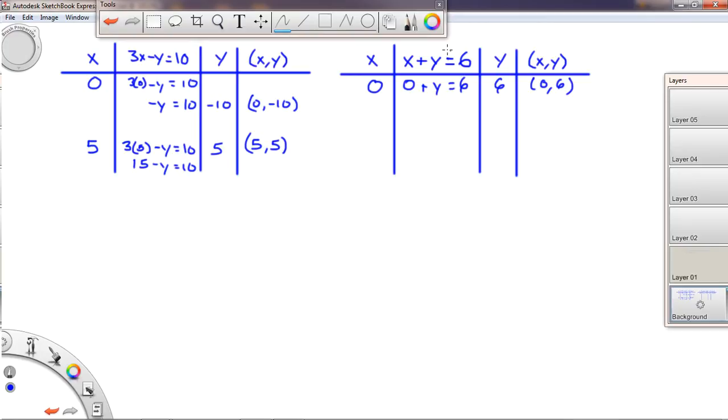And I could do the same thing by plugging in 0 for y, and I would get that x plus 0 equals 6. So x would have to be 6 in that case. And there are my 2 points. That's a really easy way to graph lines like that. You plug in x equals 0 and plug in y equals 0. And what we're finding is actually the y-intercept and the x-intercept, which you'll see here in a second.